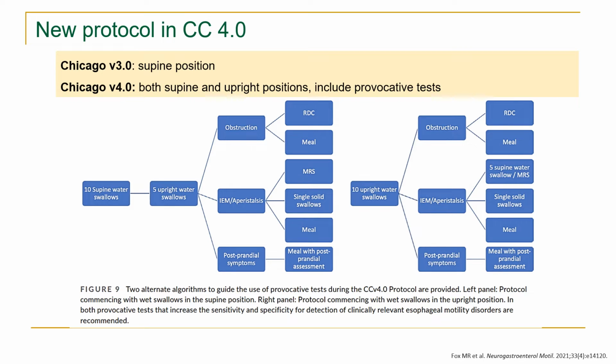And if the patients have symptoms of reflux and we suspect they might have hypomotility disorders, we can suggest the patients perform the single solid swallows, the meal test, or the multiple rapid swallows. Or if the patient has symptoms increasing after the meal, we can perform the meal test.